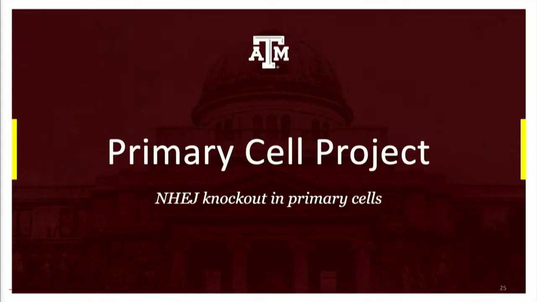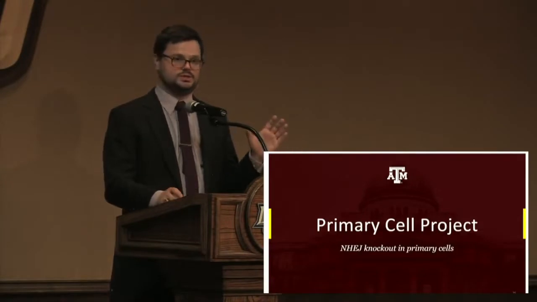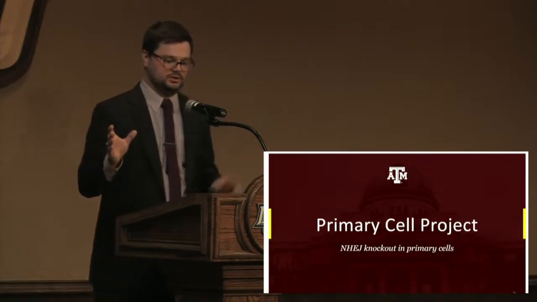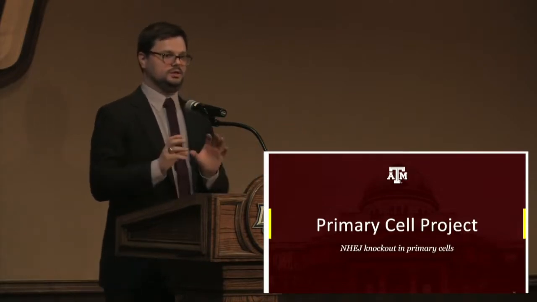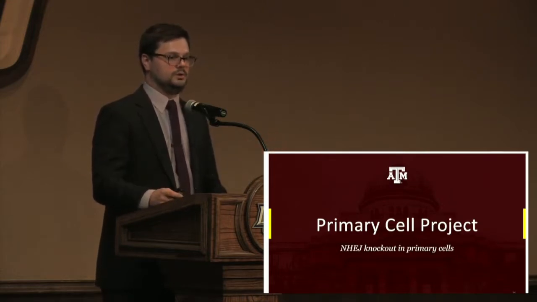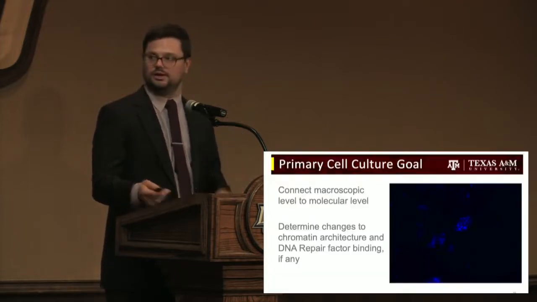All right, so moving on to the primary cell project. So this is taking all of our lines that are knockout and then trying to dissect them and get primary cells to culture so that we can do microscopy on cells and do antibody staining or staining for live cells and just looking at them at a molecular level.